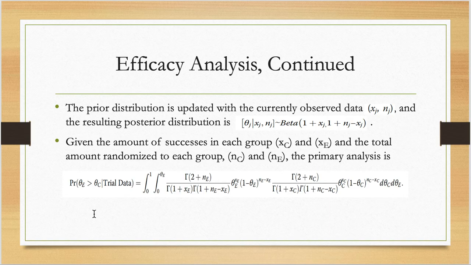And so the prior distribution is updated with the currently observed data, xj and nj, and the resulting posterior distribution is theta j given xj, nj approximately equal to beta(1 plus xj, 1 plus nj minus xj).